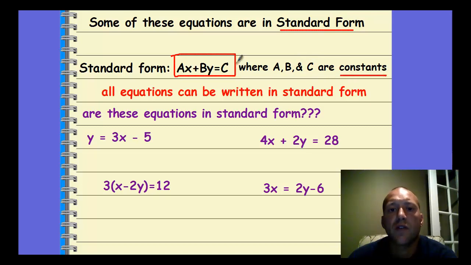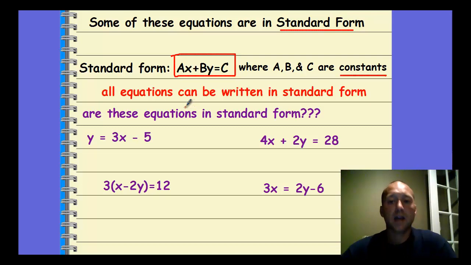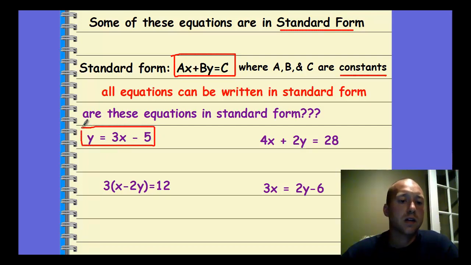Again, constants are numbers, and x and y are the variables within the equation. All equations can be written in standard form. That's a big difference from slope-intercept form, since not all equations can be written in slope-intercept form. So are these equations in standard form? For this equation here, no, this one right here is not in standard form.